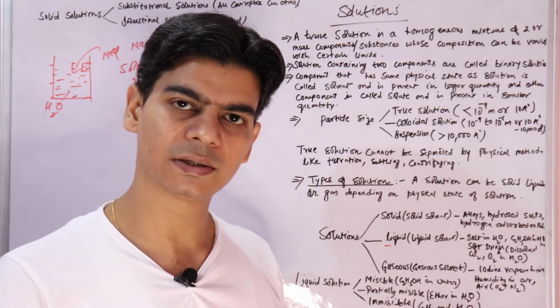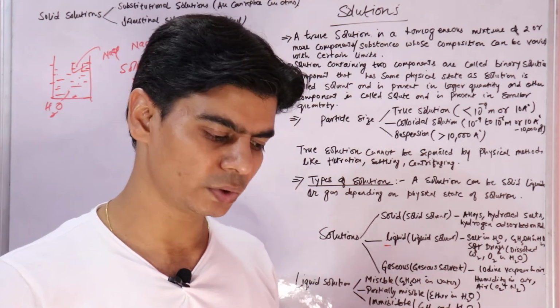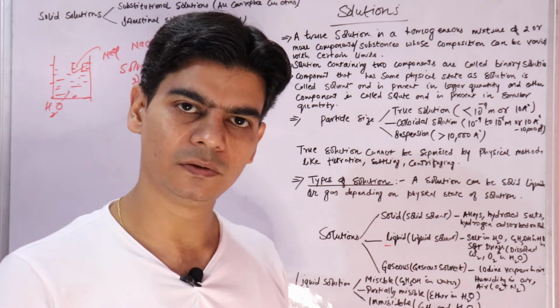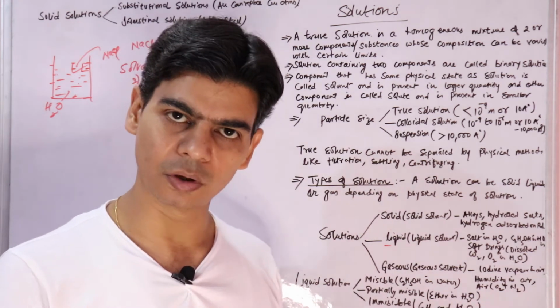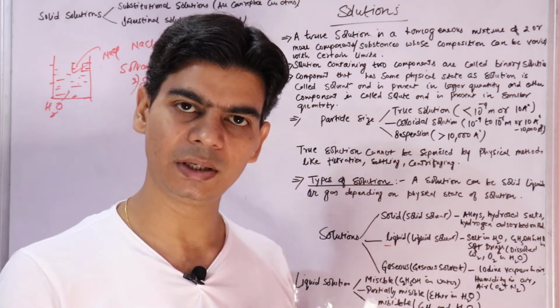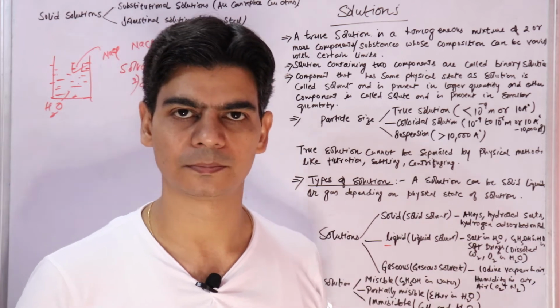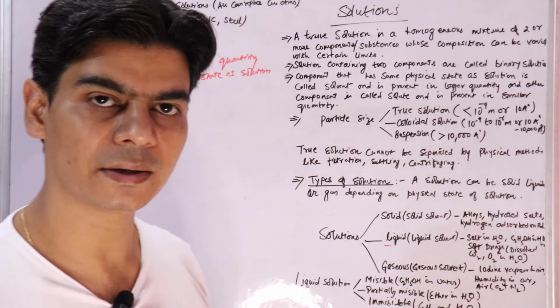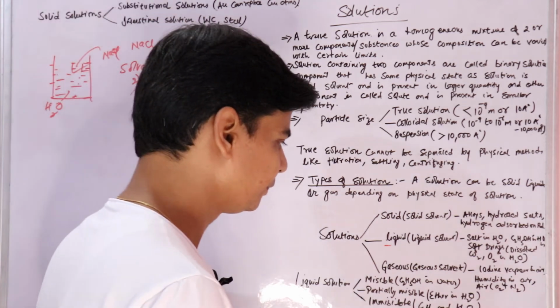So the physical state of air is gas, so it's a gaseous solution, and air is in larger quantity, so it is the solvent, and humidity is in lesser quantity, which is water vapor, so humidity is a solute, right? So humidity in air is an example of a gaseous solution in which the solvent is air.